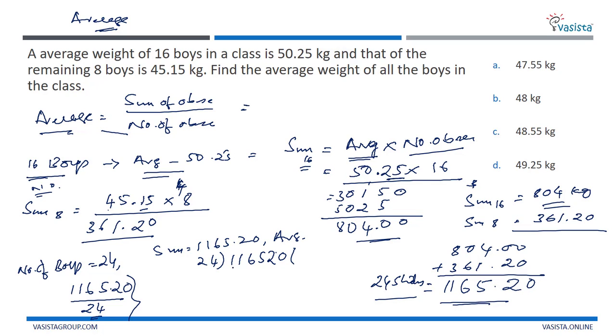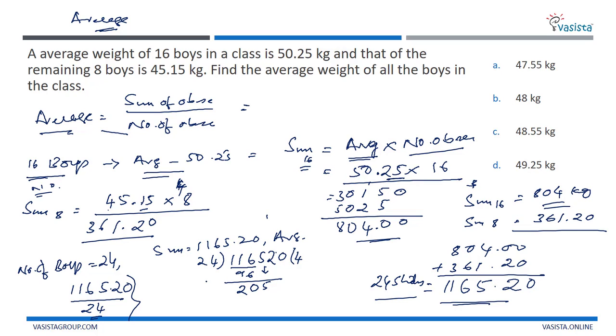24, 11 I can't divide, so I will take 116. 24 into 5s is how much? 25s are 100, 4 5s are 20. Let me go with 4. 4 4s are 16, 1 carry, 4 2s are 8 plus 1 is 9. So 6 minus 6 is 0, 11 minus 9 is 2. 20. Now bring down 5. 205.